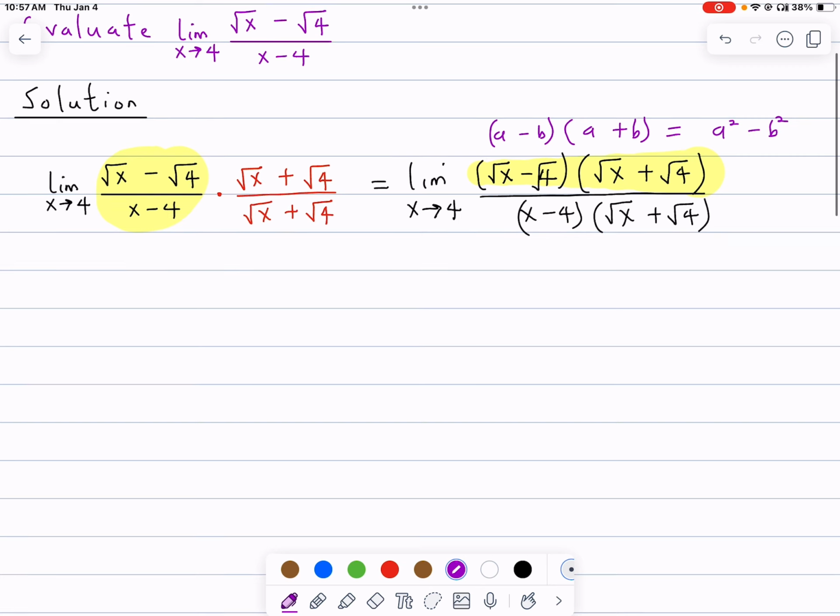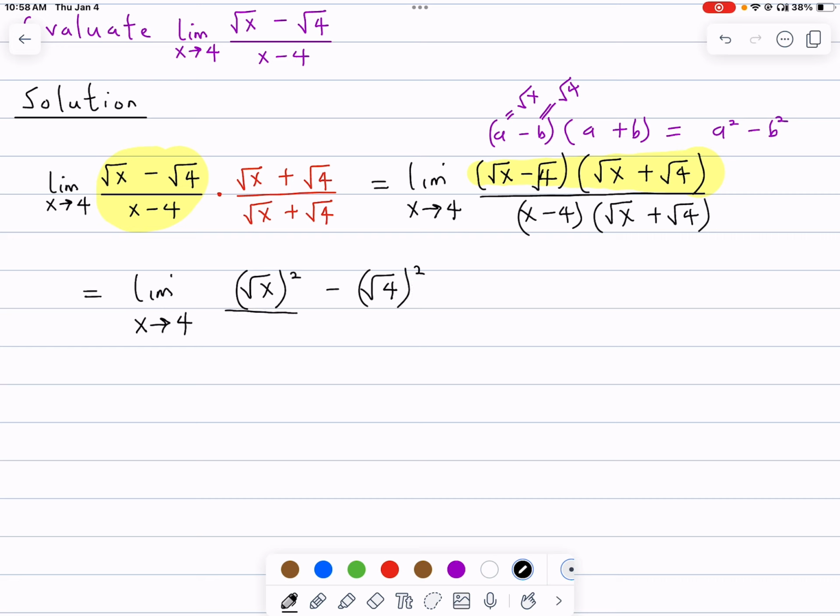So here my a is going to be the square root of x, and my b is going to be the square root of 4, right? So this is going to be equal to the limit as x approaches 4 of square root of x squared minus square root of 4 squared.